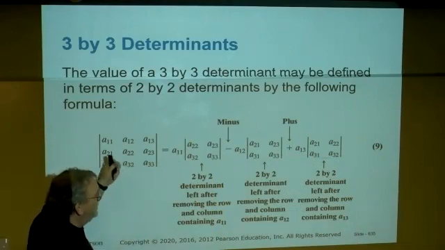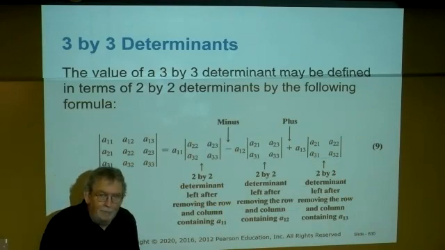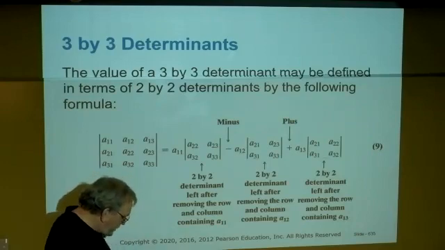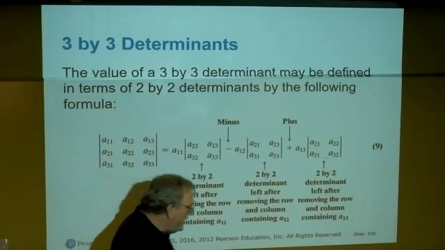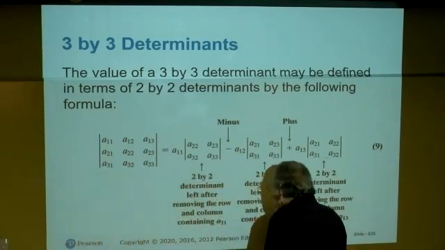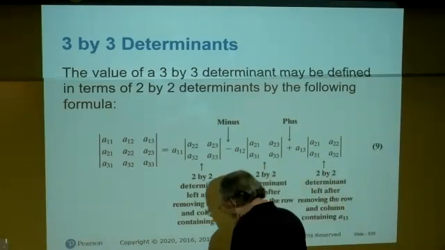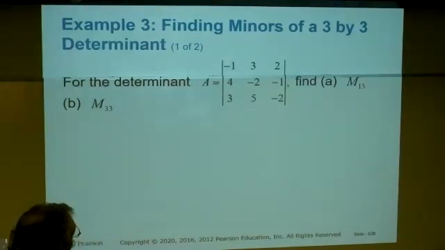That's why I like doing the first row every single time. And there's another way of finding the determinant, and I'll get to that later, which is my preferred method. But that's me.